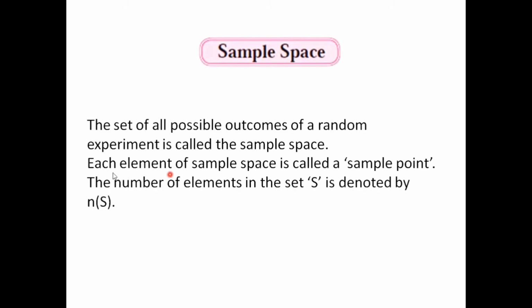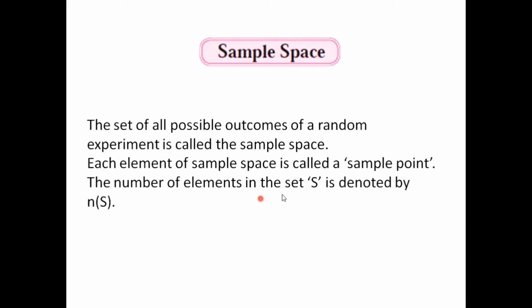The next concept is the sample space. The definition is: the set of all possible outcomes of a random experiment is called the sample space. Each element of a sample space is called a sample point, and the number of elements in the set S is denoted by n(S).